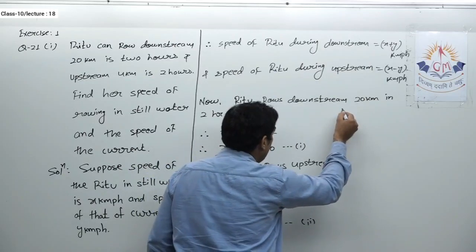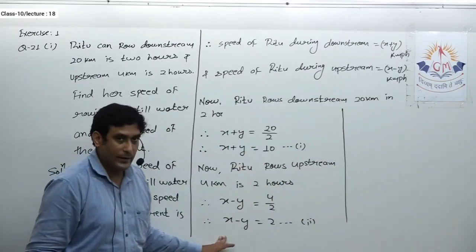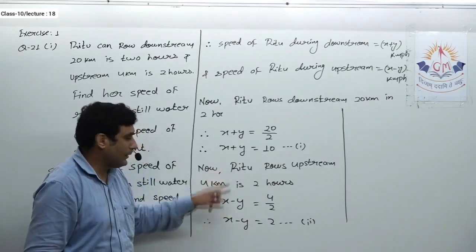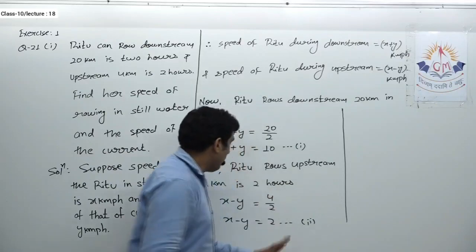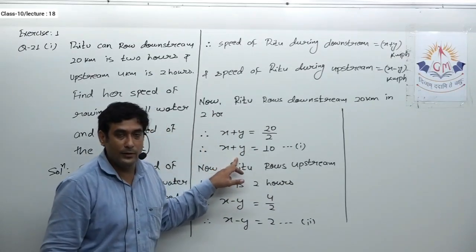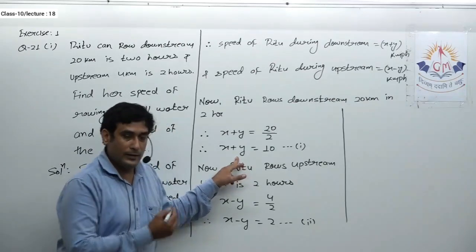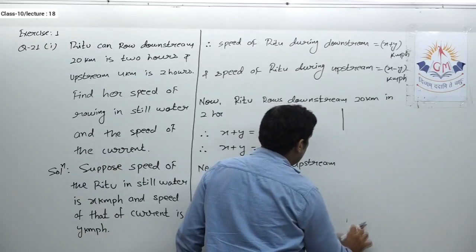Now x plus y equals 10 and x minus y equals 2. Just by solving these two equations we will get our answer. Here it is negative y and here it is positive y, so it is easy to apply the elimination method, and for that I simply have to add these two equations.